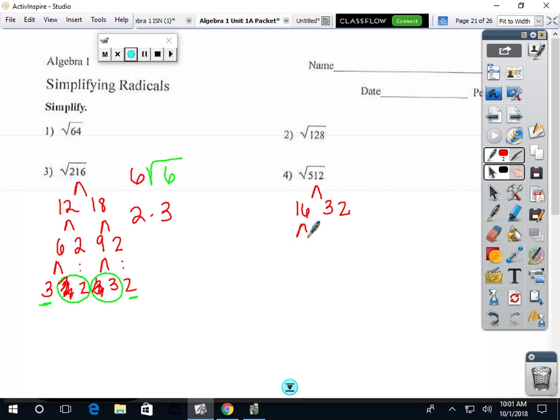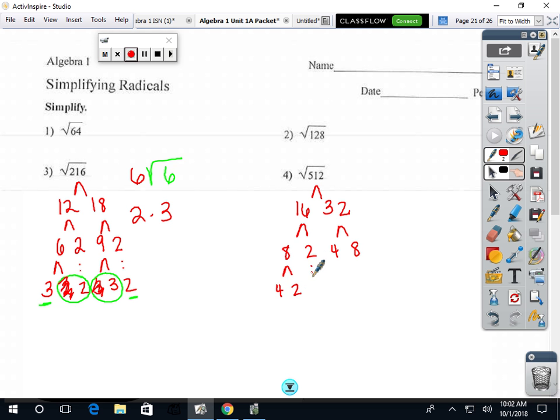Okay, what are numbers that multiply to make 16? What are numbers that multiply to make 32? Right. Okay, what are numbers that multiply to make 8? 4 and 2.